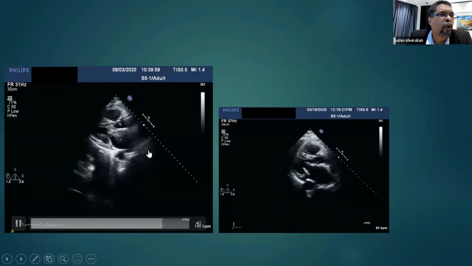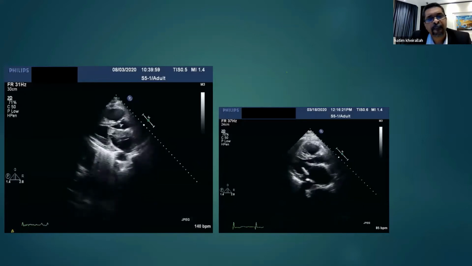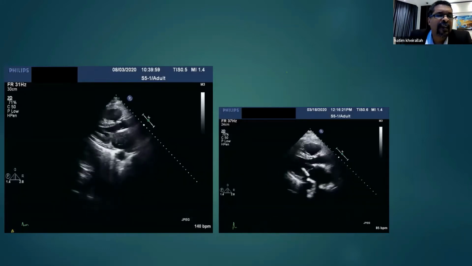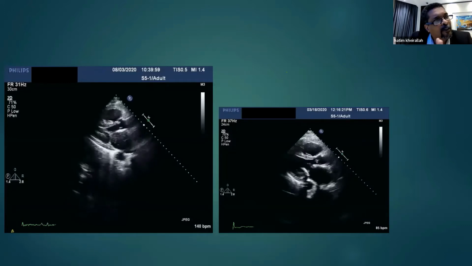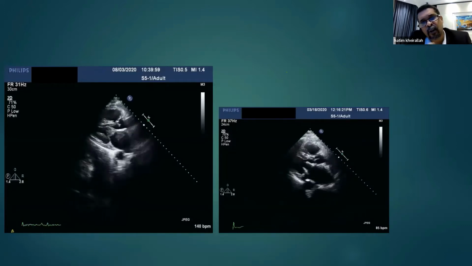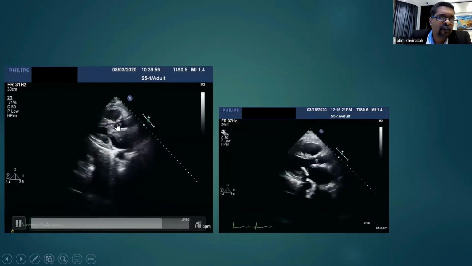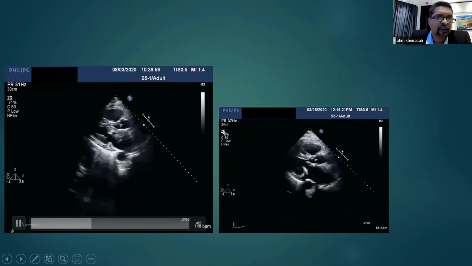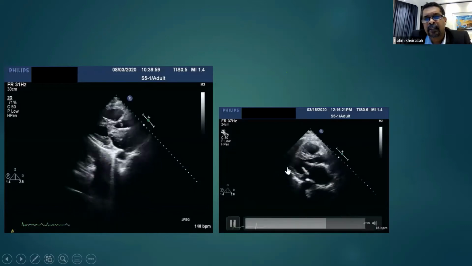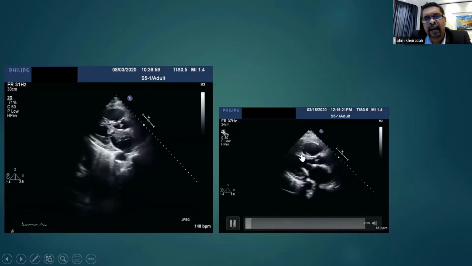There was no stalk, actually. It was broad-based. But the mass itself was kind of irregular and heterogeneous, and we thought this is myxoma. The patient, of course, had an obstruction in the mitral valve due to this mass effect, and she underwent mass excision.